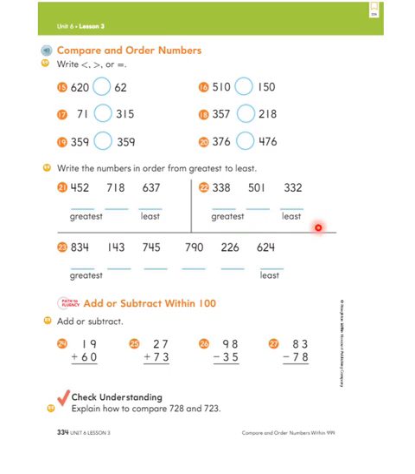Same with this one. Number 23 is a little more challenging because you have 1, 2, 3, 4, 5, 6 3-digit numbers to compare. Remember, you're starting with your greatest and working your way down to the least. Always, always, always start with your hundreds. Look at the hundreds and find which one is the greatest and start with that one.